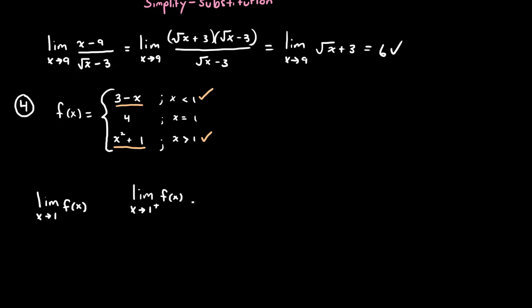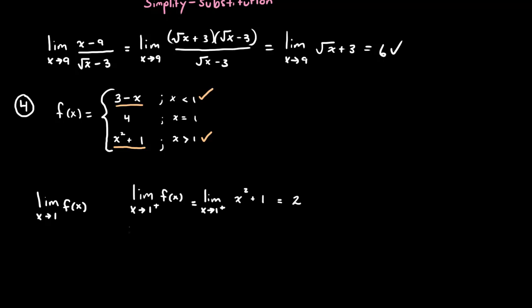And then after that line, I write the behavior. So this is the limit as x approaches 1 from the right of the function's behavior to the right. The behavior to the right is this quadratic x squared plus 1. So this respective one-sided limit now can be solved using substitution, and that comes out to be 2.